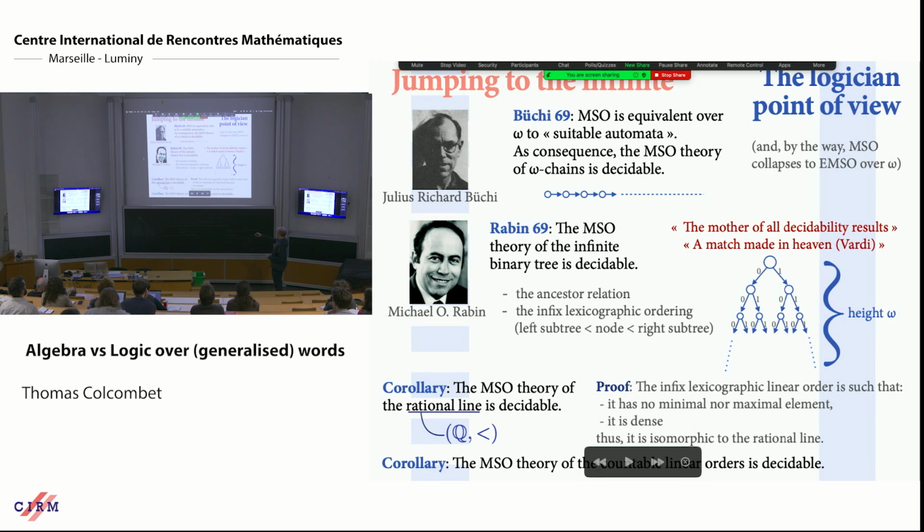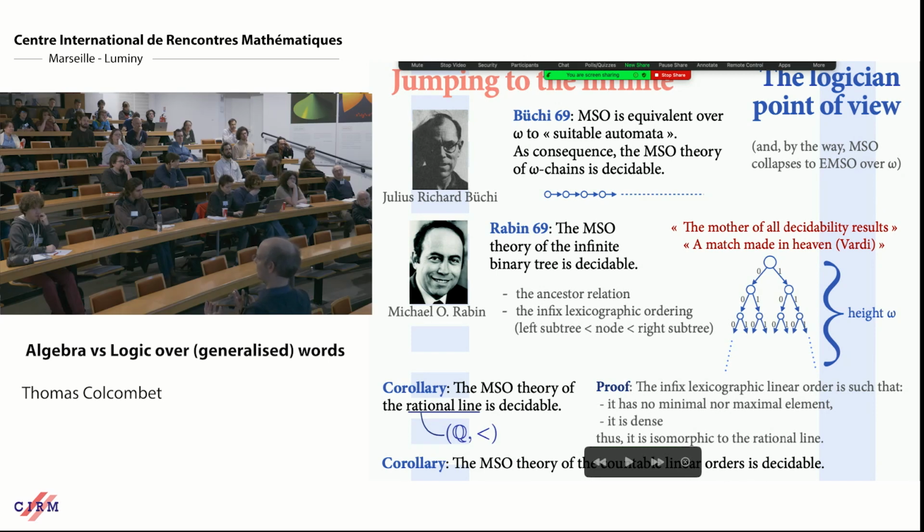Let me just mention that once you know this, in fact, you know more, because a formula of monadic second-order logic can quantify over sets. Since you can embed any countable linear ordering inside the rationals, you can deduce from that the theory of all countable linear orderings is decidable.